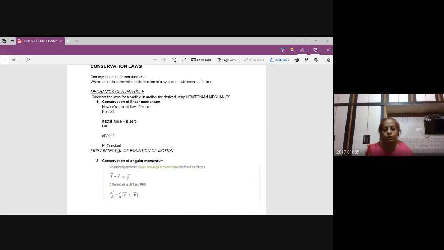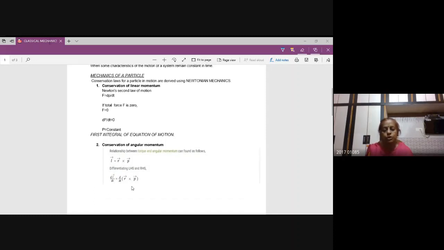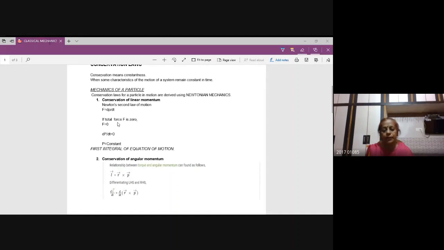Now, moving over to the next law, which is the conservation of angular momentum. As we know, angular momentum L is r cross p. Now, differentiating both sides, we get dL upon dt is equal to d upon dt of r cross p.